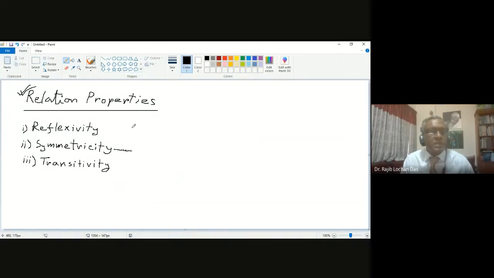We will check whether a relation is reflexive, symmetric or transitive. Sometimes one is reflexive and symmetric but not transitive, sometimes symmetric and transitive but not reflexive. Any combination is possible. So these are the different types of relations.